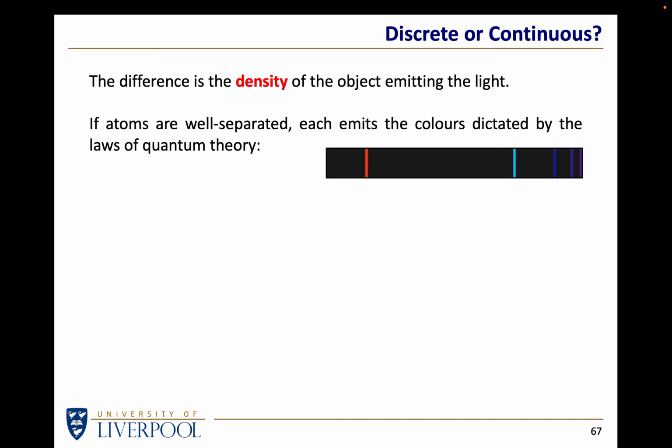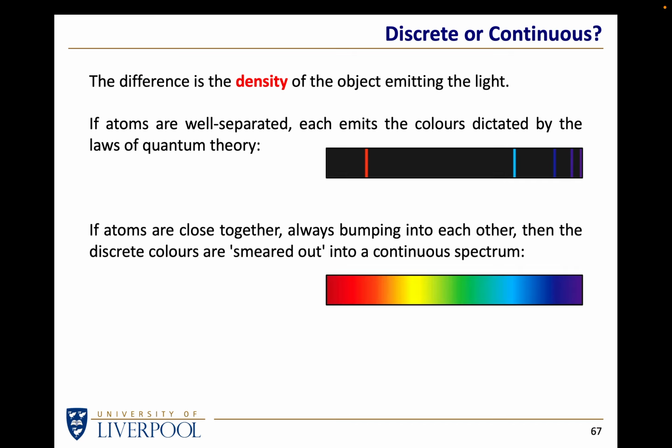But if you take these atoms and put them all close to each other so they're always bumping into each other, then the spectra of all the individual atoms get smeared out until you end up with a continuous spectrum.